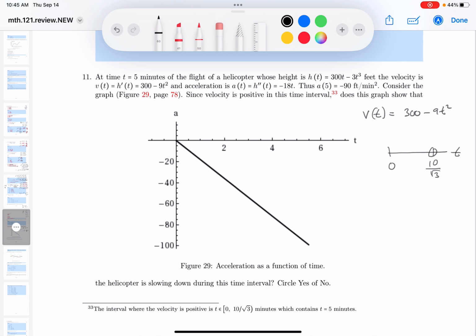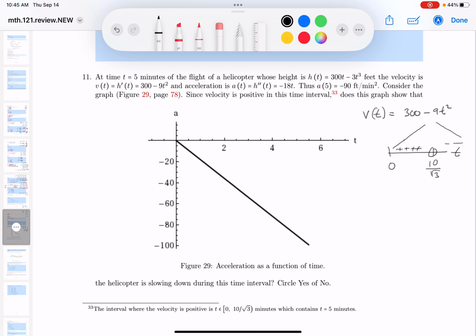It's positive velocity. Now, someone says, what does that mean? It's definitely going up. And then, of course, at the time where it's 10 over root 3, it's starting to change its velocity. And what happens with its velocity? It actually becomes negative. So what's a good number after 10 over root 3? I don't know, pick 10, plug it in, you definitely get a negative number.